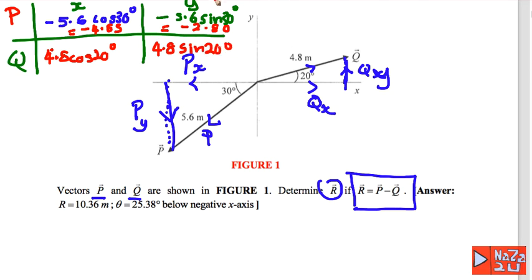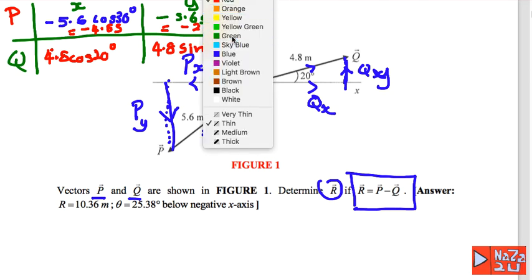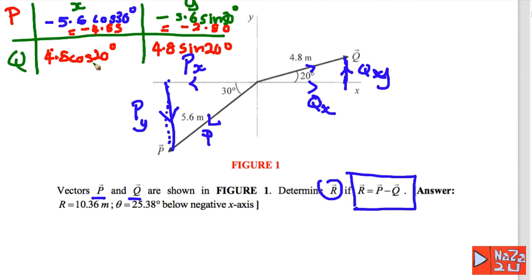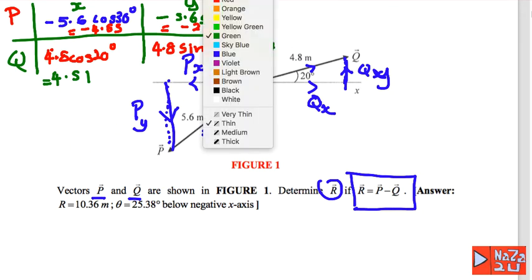Using the calculator, 4.8 cos 20 is equal to 4.51, and 4.8 sine 20 is equal to 1.64.